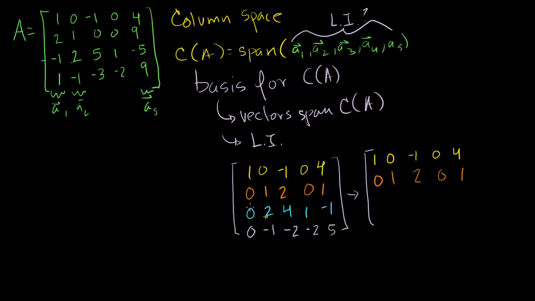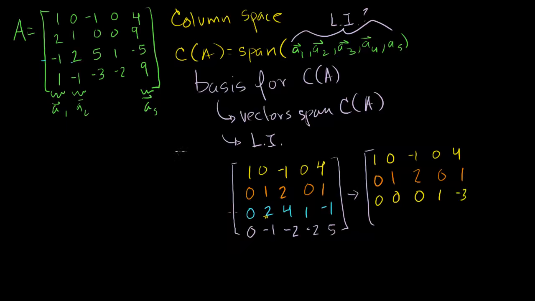Let's do it by replacing our third row with the third row minus 2 times the second row. So 0 minus 2 times 0 is 0. 2 minus 2 times 1 is 0. 4 minus 2 times 2 is 0. 1 minus 2 times 0 is 1. Minus 1 minus 2 times 1 is minus 3.